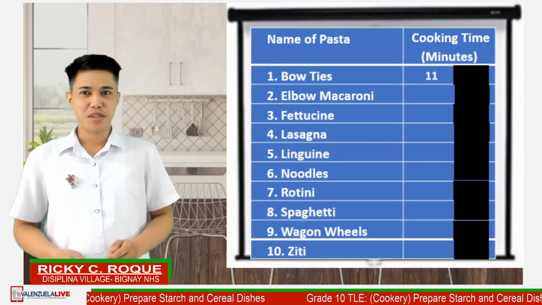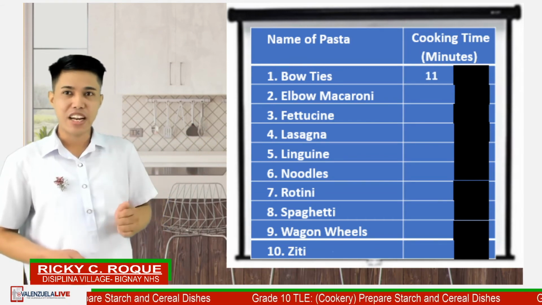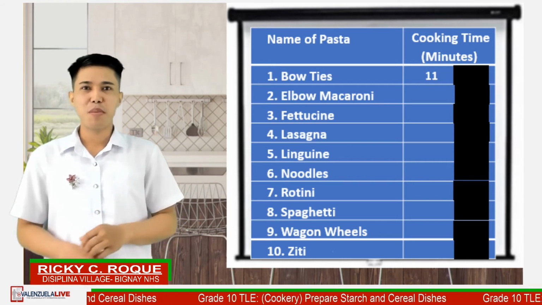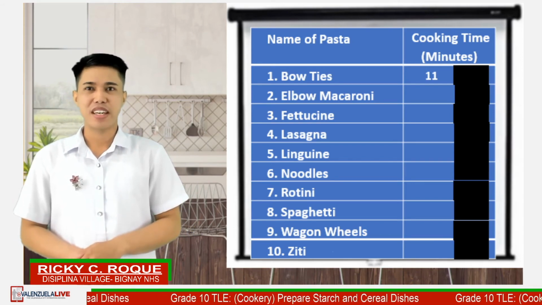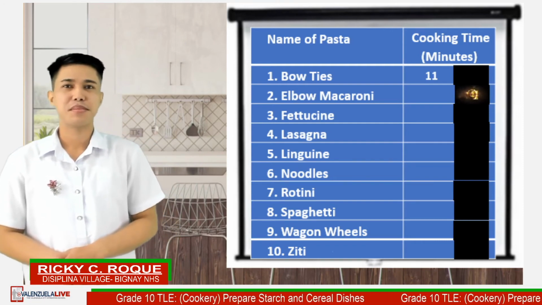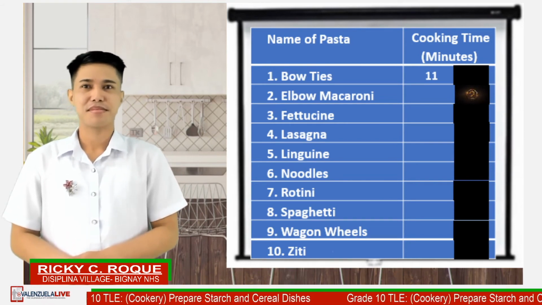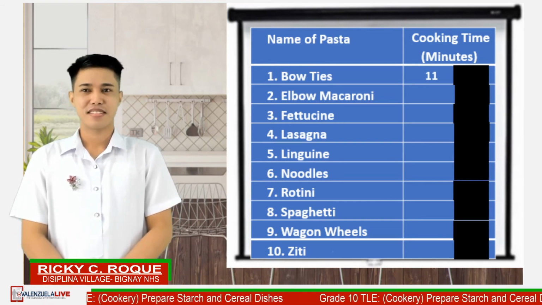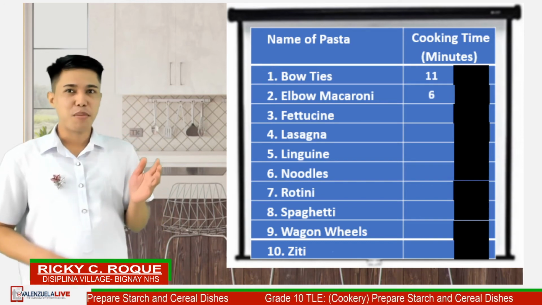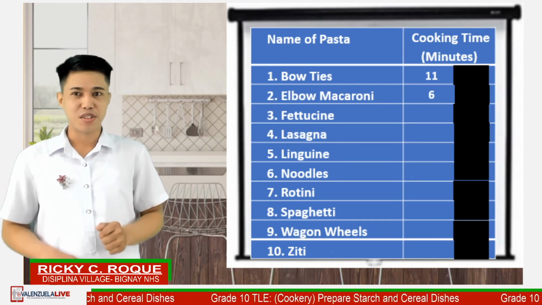The answer is both bow ties and wagon wheels have 11 minutes of cooking time. Nice! Number 2, elbow macaroni for 5 seconds. The correct answer is elbow macaroni has a cooking time of 6 minutes.